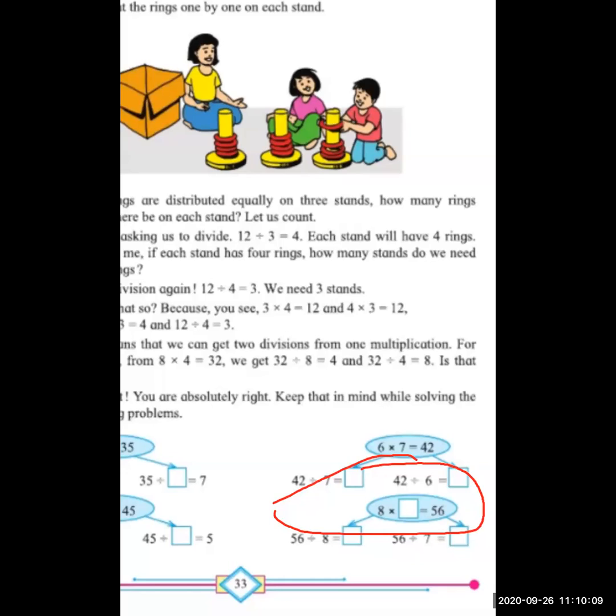Very good. 7. Very nice. And 56 divided by 7. In the table of 7, 56, on which number will come? Yes, it's 7 into 8, 56. Understood, everyone?